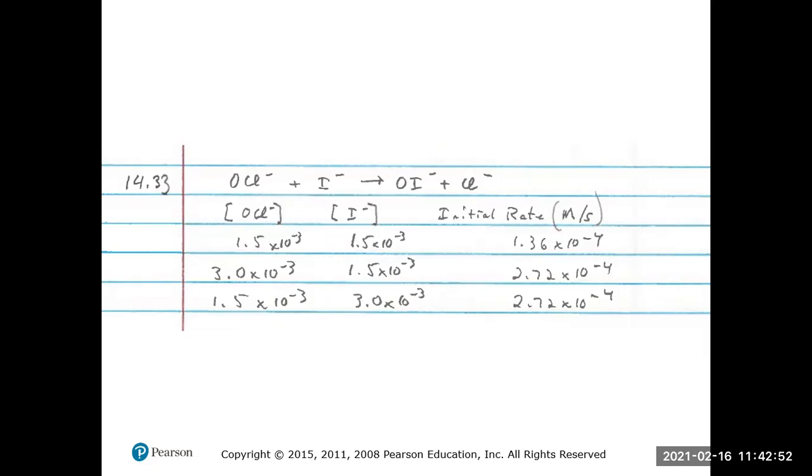In the first one, it's 1.5, and this third one, it's 3 times 10 to the minus 3, so we've doubled that. So let's see what happened to our rates. Our rate went from 1.36 to 2.72 times 10 to the minus 4. Once again, we see that doubling of the rate as we double a concentration.